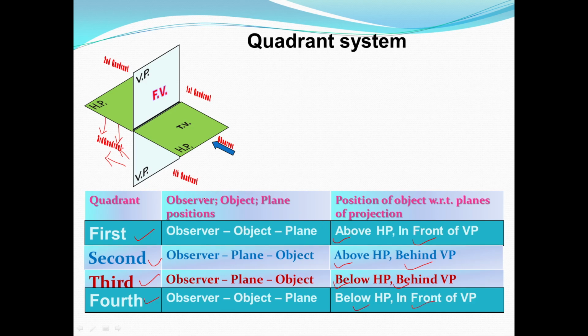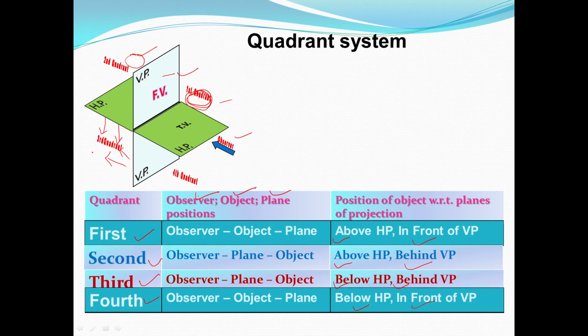Here some give the combination of observer, object and plane. This is the observer, and this is the object in the first quadrant. So the combination is observer, object, plane. If the object is in the second quadrant, the combination is observer, plane, object.